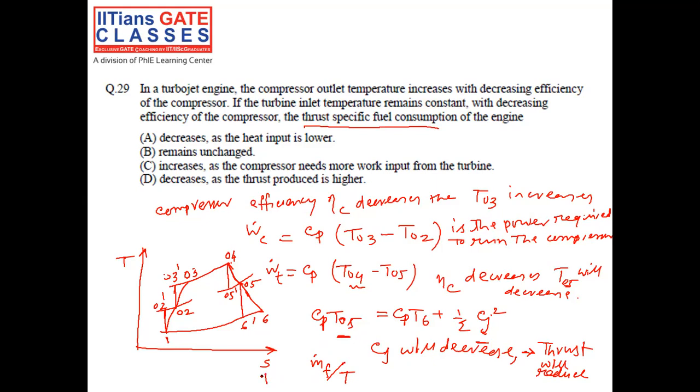So TSFC equal to mf dot by T. So as thrust reduces, TSFC, thrust specific fuel consumption, will increase. So the correct answer is the thrust specific fuel consumption increases as the compressor needs more work input from turbine.